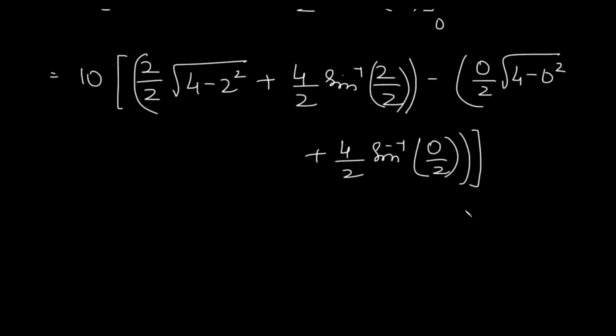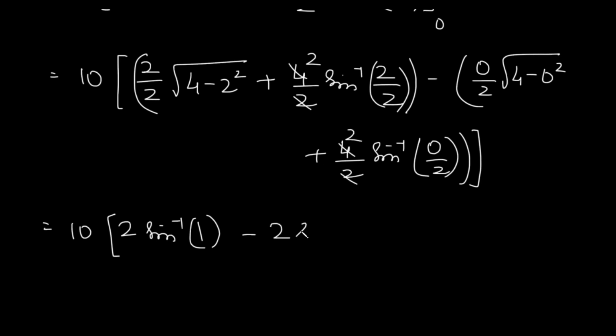Then doing further, this becomes 10 into, now the first term becomes 0 because 4 minus 4 is 0. So the first term goes away. The second term becomes 2 sine inverse of 1, minus, again here the first term is 0 and the second term becomes 2 sine inverse of 0.